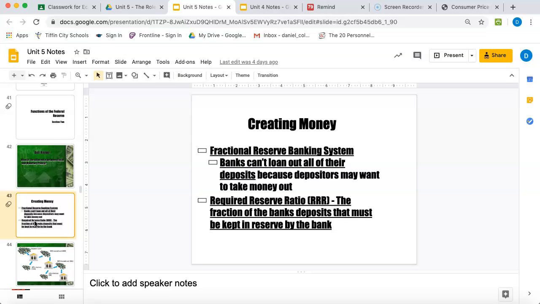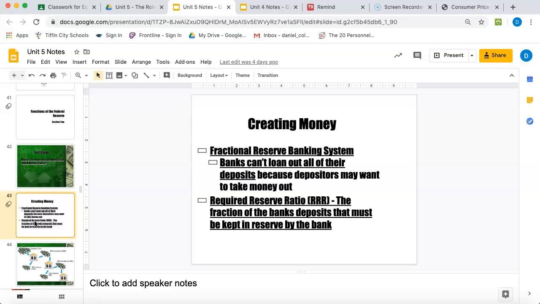Now, the one thing that's important for us to understand before we move on is remember what banks actually do with our money. So when we go and put money in a bank, the Federal Reserve requires that a certain percentage of it be kept on hand. This percentage is called the Required Reserve Ratio, the RRR. The RRR is the set amount that a bank has to actually keep in its vaults so that when you come and take it out, they have money for you.